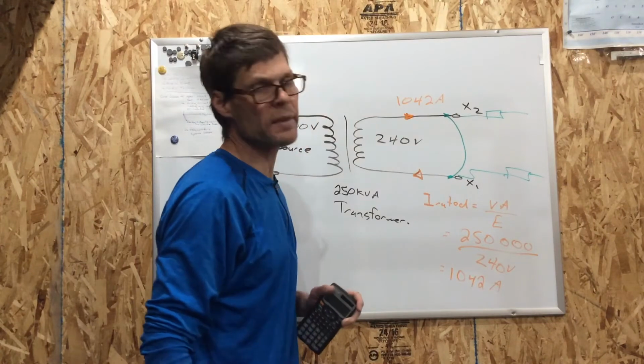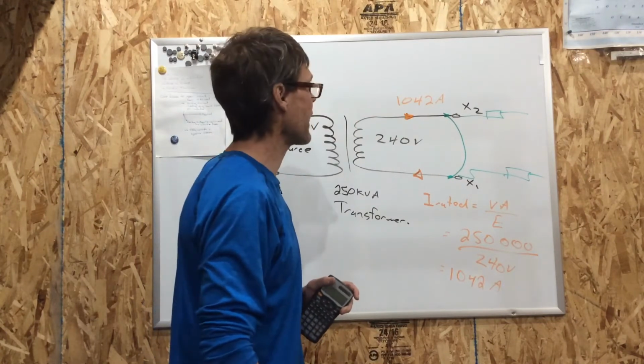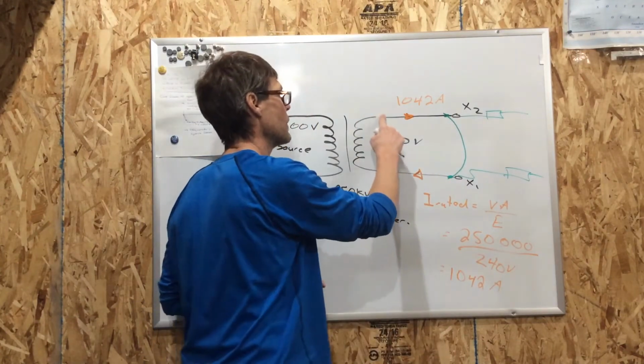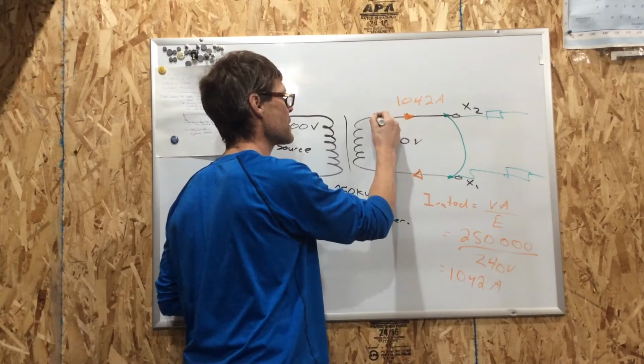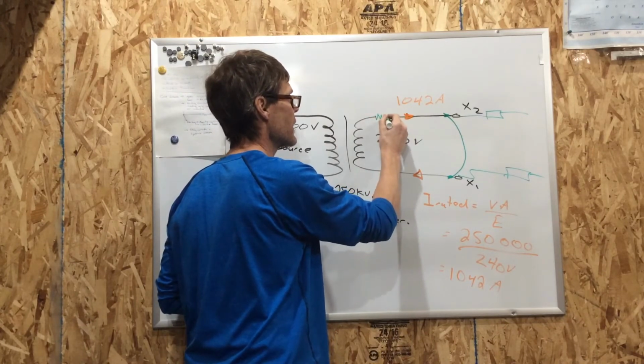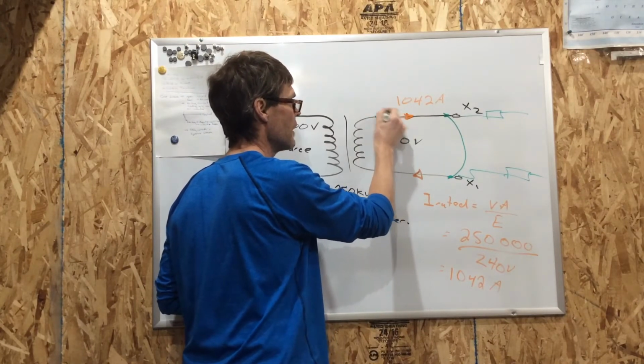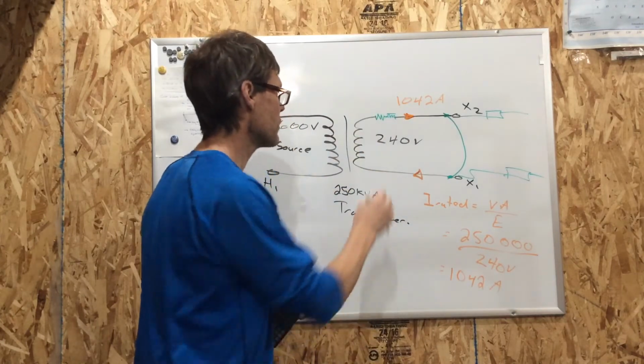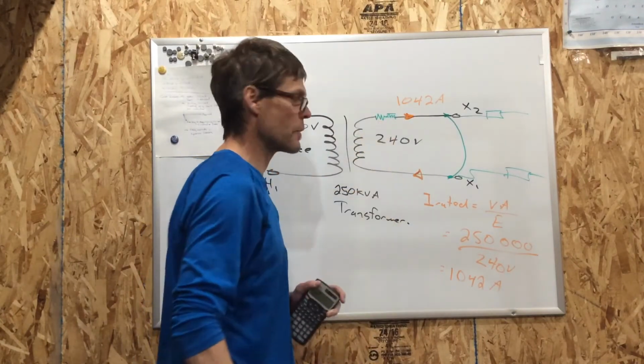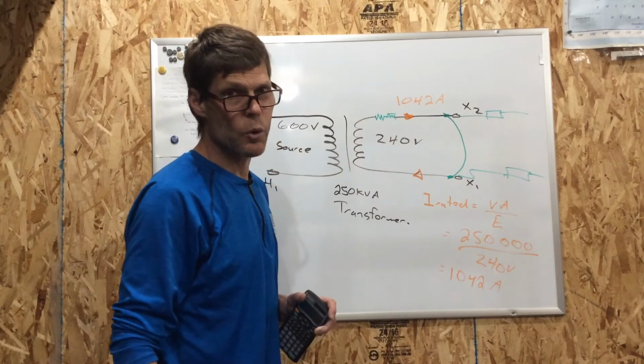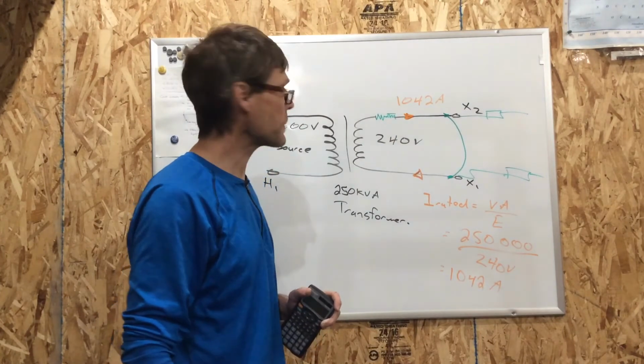So what's the only thing holding back current right now? Well, the internal resistance and the XL of this winding. Well, think about the size of this transformer. There's not going to be a whole lot of resistance in those windings.